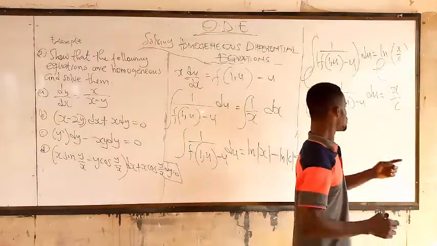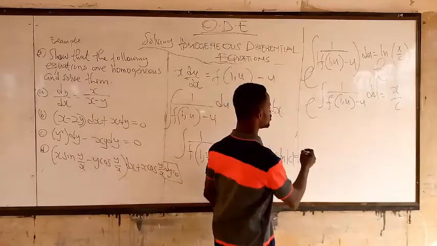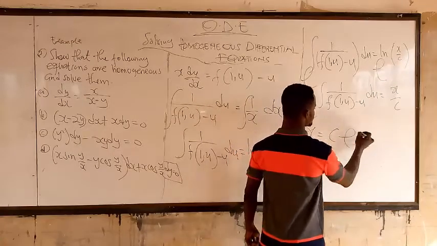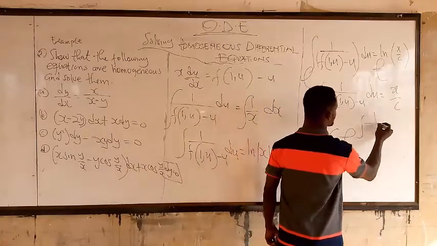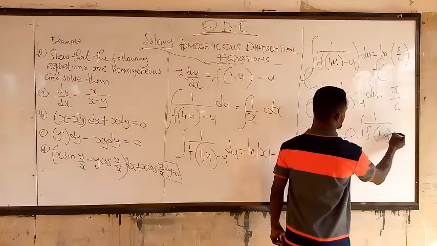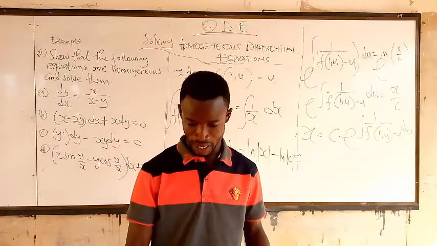So we can do cross multiplication, and in all we are going to get x to be equal to c e raised to the integral of 1 over f(1, u) minus u du. Alright, so that is it.